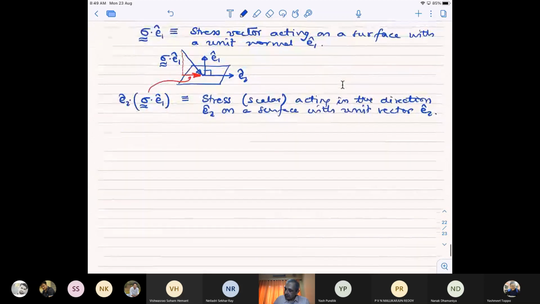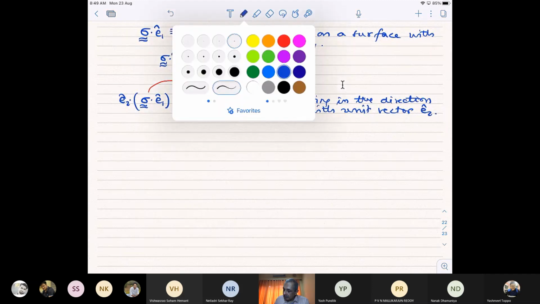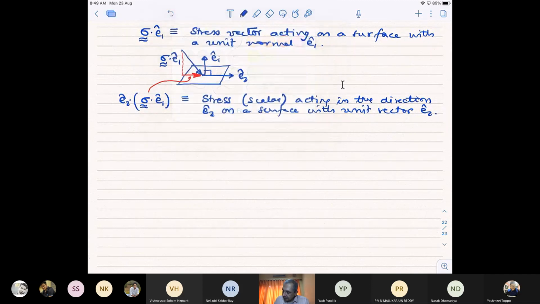So in some sense, what we have managed to do is, if you write down this and open out everything, this is nothing but sigma 2,1. So this is the meaning of the component sigma 2,1.